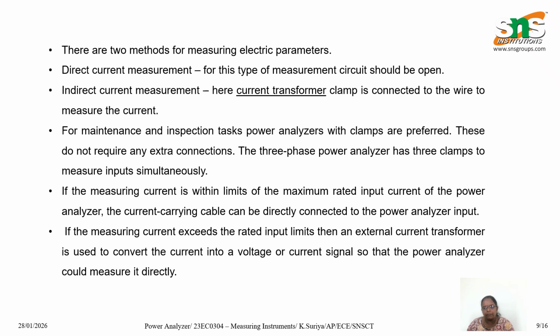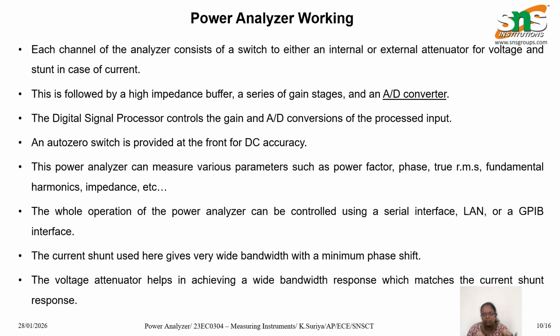Clamp-based analyzers are preferred in maintenance and inspection work because they are safer and easier to use. In three-phase systems, analyzers use three separate clamps to measure all phase currents simultaneously. If the current exceeds the analyzer's input rating, an external current transformer is used to convert the current into a measurable signal.